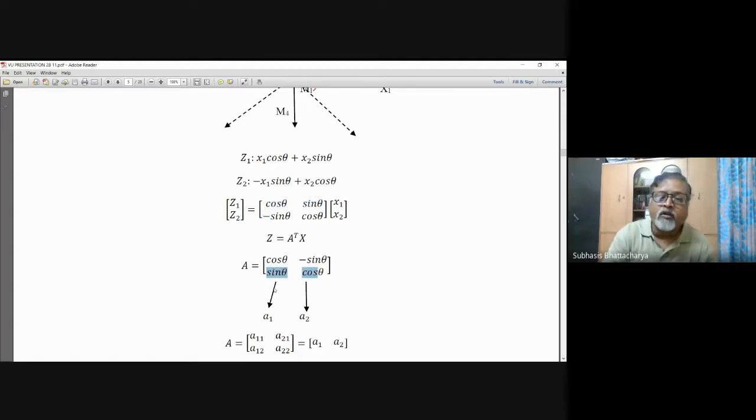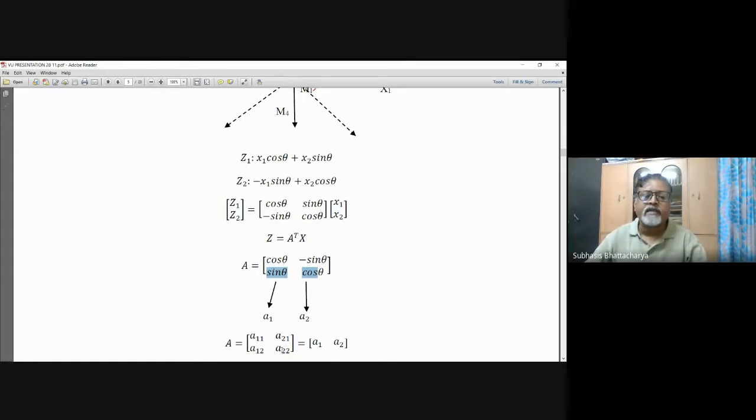Each row has values of cos theta and sin theta, and the first column, cos theta sin theta, is identified as A1, and the second column as A2. You may write the entries as A11, A21, A12 and A22, or simply as A1, A2.